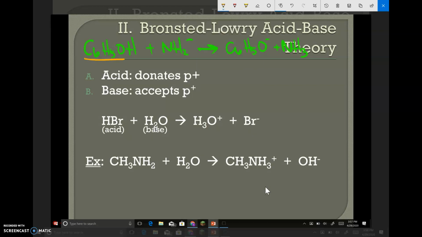So let's compare. This substance right there correlates with that product. Notice that the H is different, so we have lost, okay? This substance has donated an H, so that means that this is the acid right here.